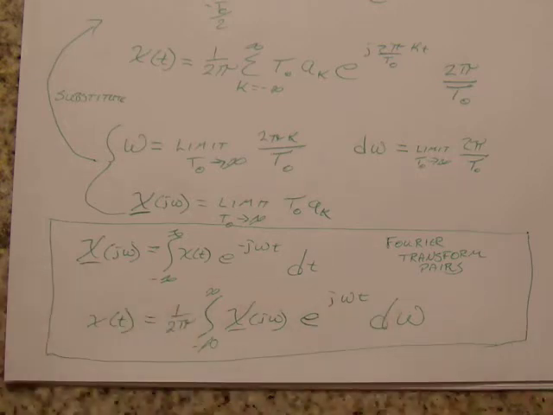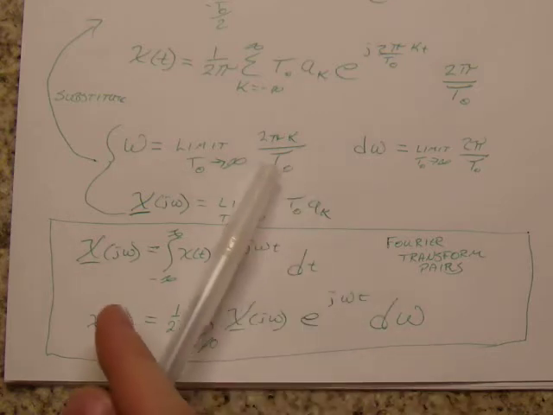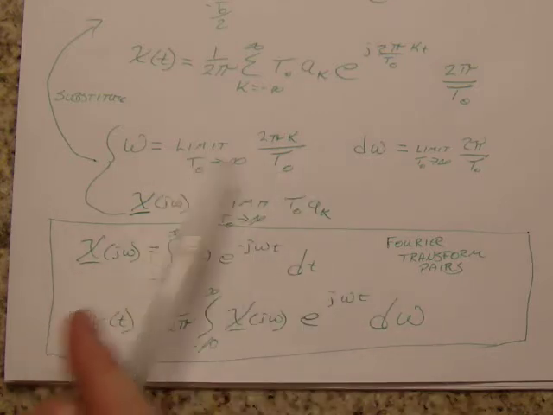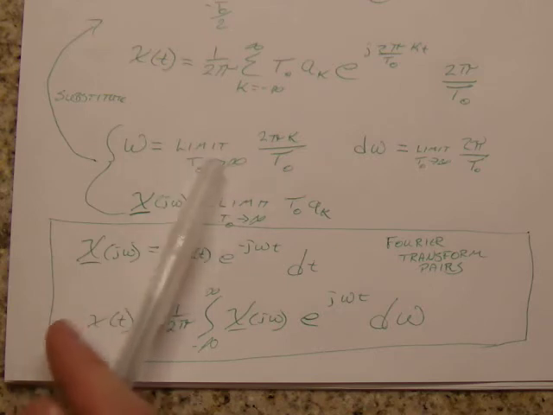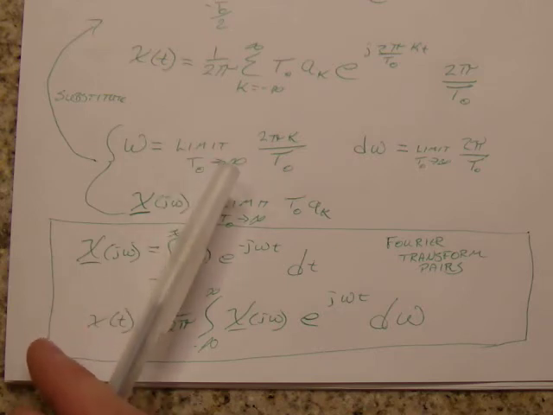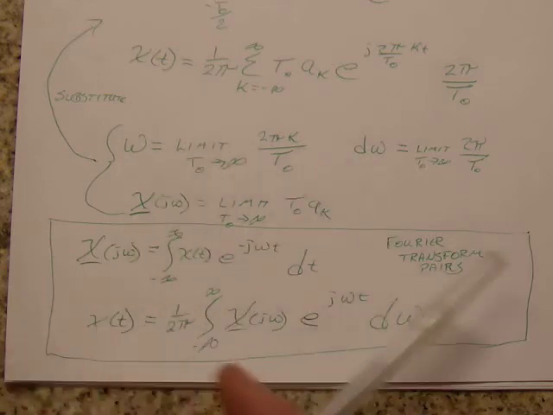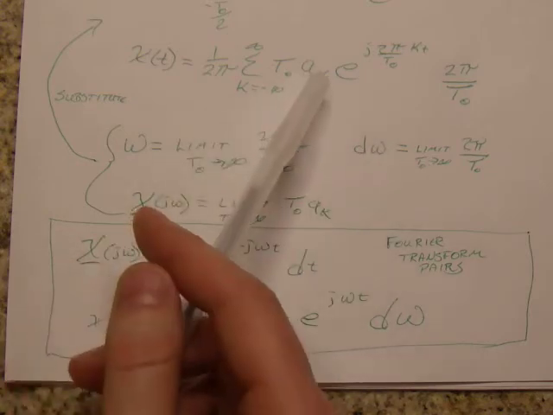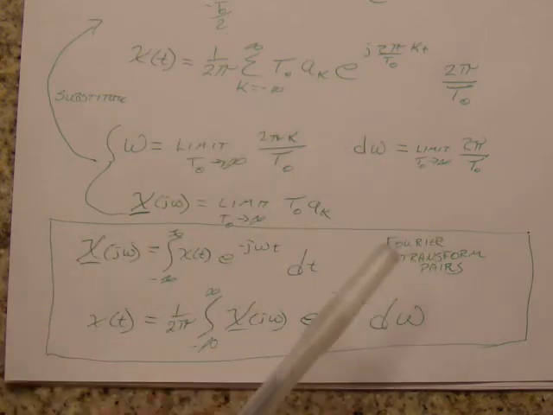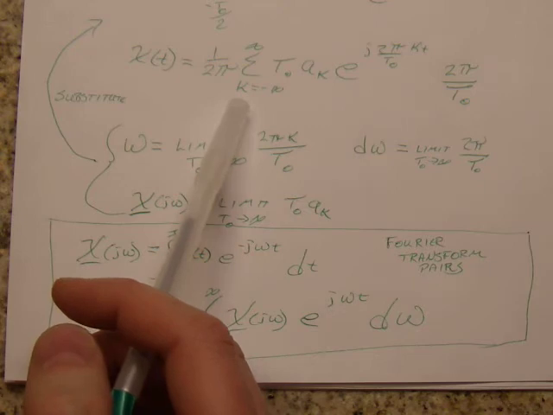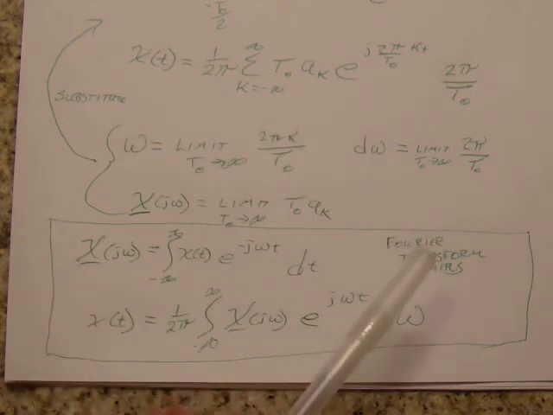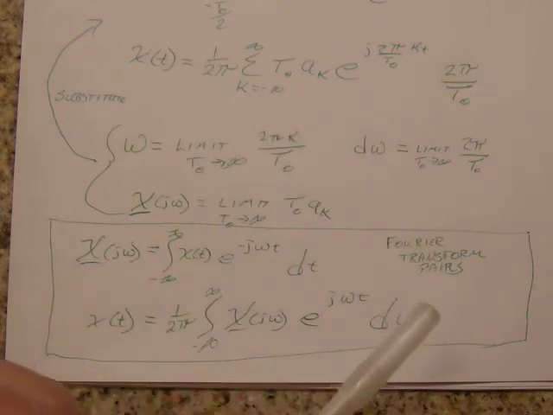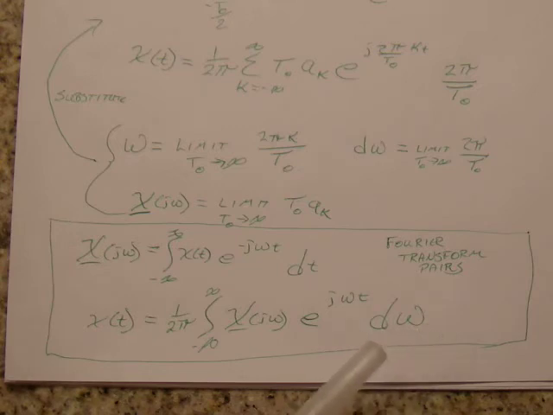This is an important concept. What we're saying is, as we moved t naught out to a value of infinity, we took away the repetition, and in that the a k's became, instead of integer spaces, those spaces became delta omega away.